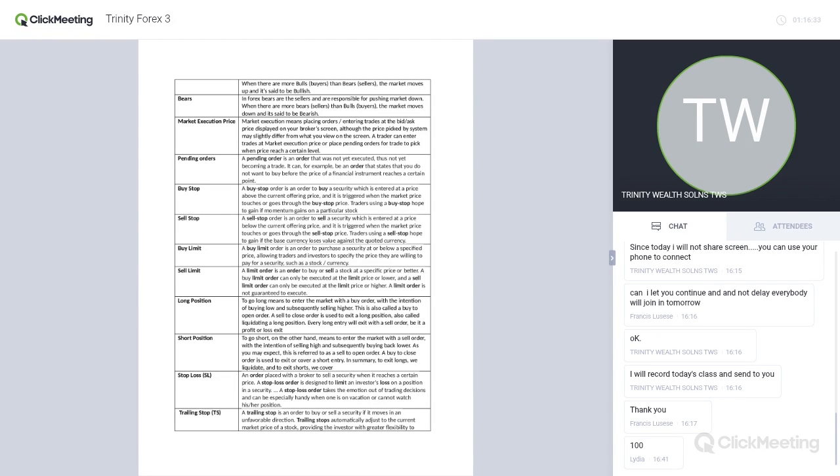Then we have stop loss. In Forex, once you do your analysis, you make a decision, you say, I feel now it is the right time to buy this pair. But remember, there is nothing guaranteed in Forex. The pair can always move in a different direction.